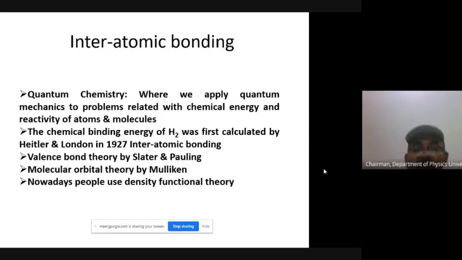If you first calculate what will happen as a result of an experiment, it will save resources. It will help you to predict the results and to interpret them as well. So density functional theory is nowadays popular in this field.